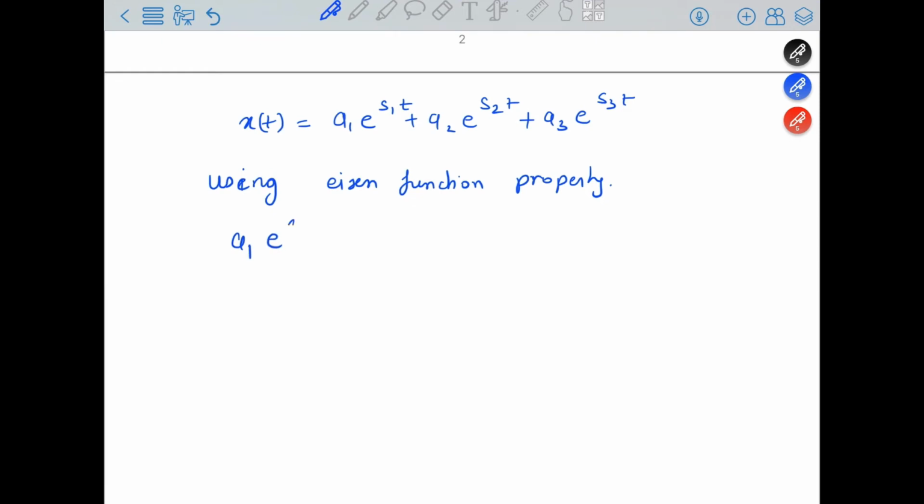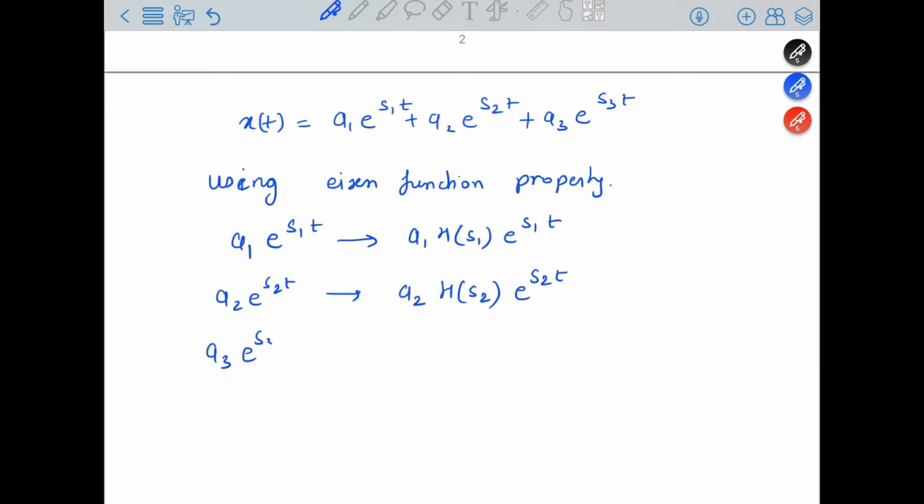So a1 e raised to the power s1t will give an output corresponding to a1 h of s1 e raised to the power s1t, and a2 e raised to the power s2t will give an output equivalent to a2 h of s2 e raised to the power s2t. Similarly, a3 e raised to the power s3t will give an output corresponding to a3 h of s3 e raised to the power s3t, and the output will be directly the summation of these because of the superposition principle.